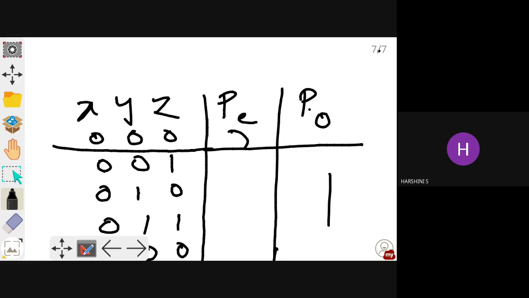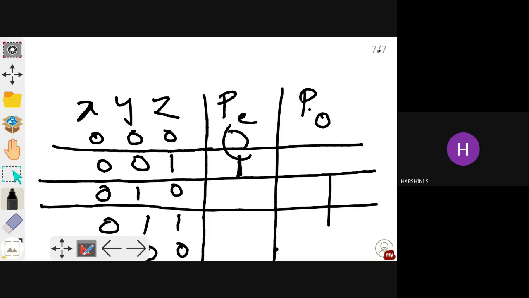For even parity it is already even, so 0 number of 1s is considered as even, so the additional bit added will be 0. For 001, you have an odd number of 1s here, so you have to generate an additional bit in order to convert it to an even number of 1s. So you have to add 1 here.